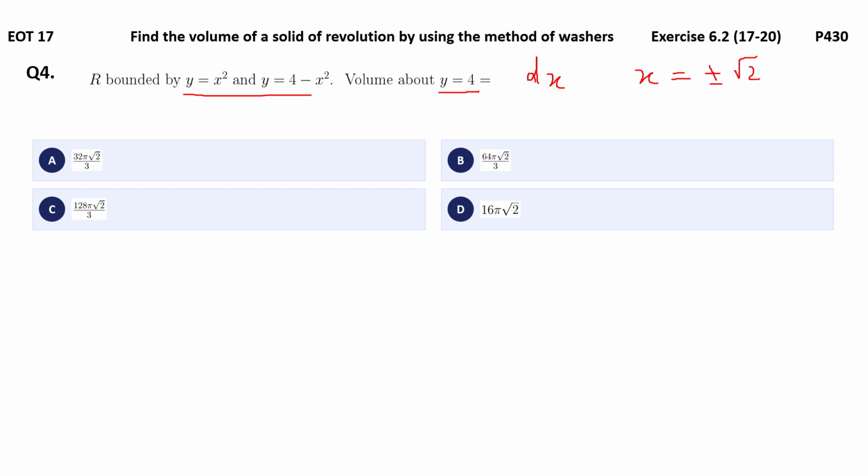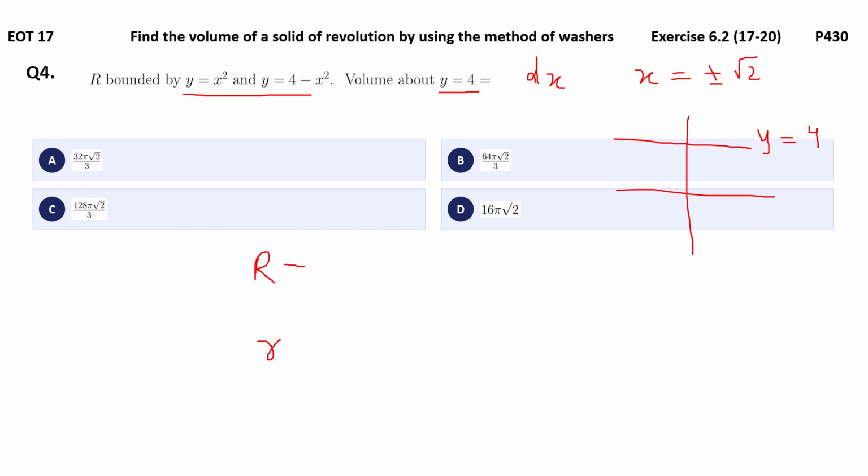Now we all know that we are going to check with respect to y equal to 4 line that is parallel to x-axis. So when we are rotating this, your outer radius and inner radius is based on this line 4.